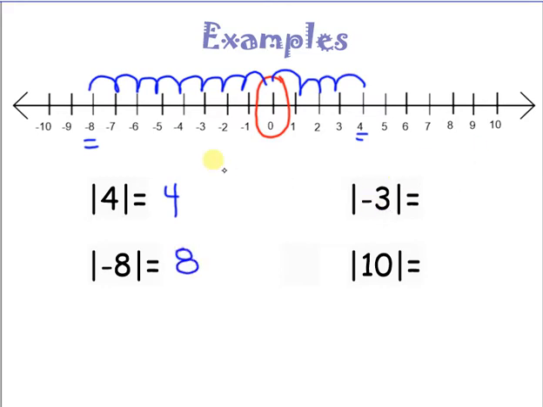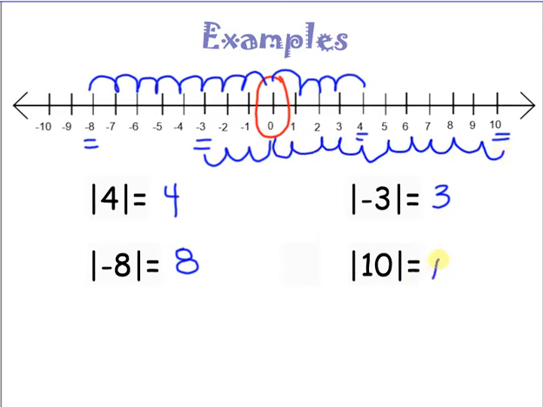What's the absolute value of -3? We're going to go 1, 2, 3. And then what is the absolute value of 10? 1, 2, 3, 4, 5, 6, 7, 8, 9, 10. Okay?